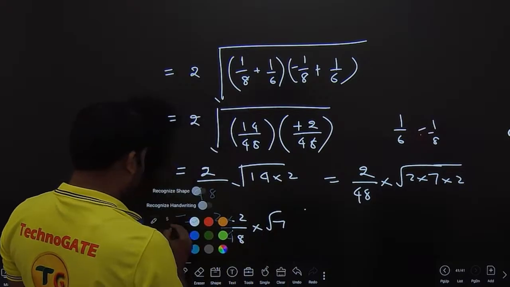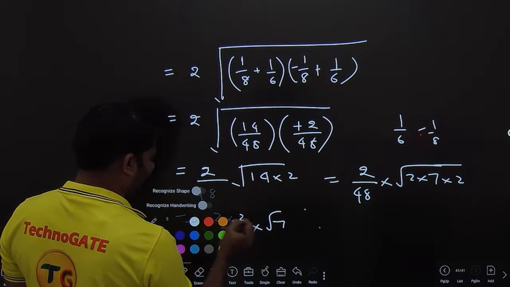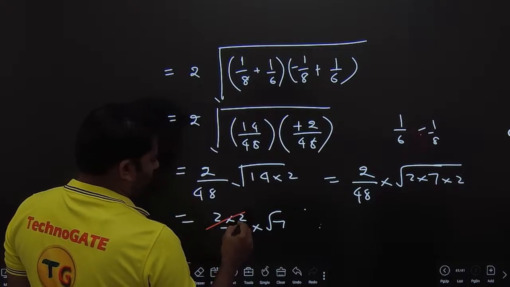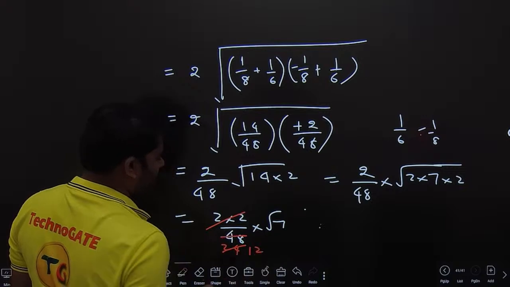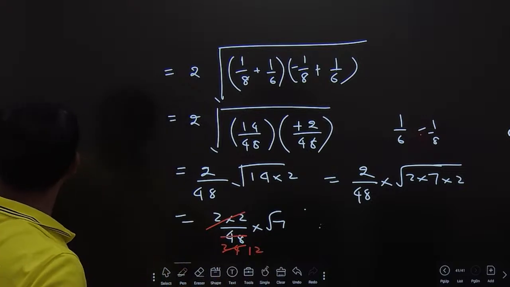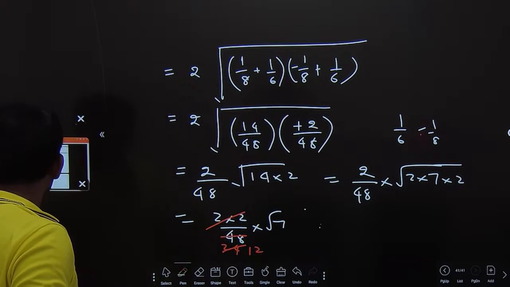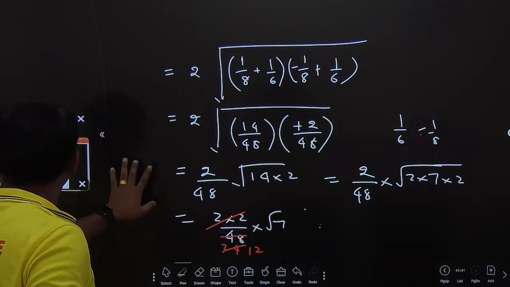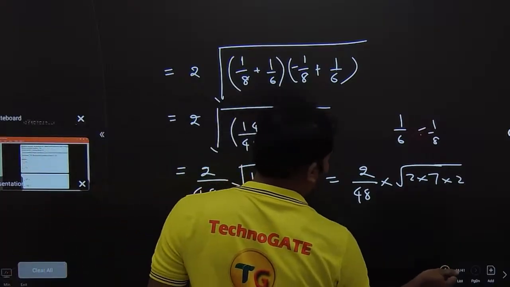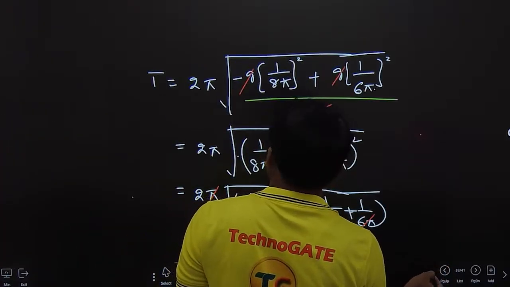So we are getting root 7 by 12. Somewhere some more mistake, because the answer is not in terms of root 7 or anything. The time period of L1 minus L2, 1 by 4 and 1 by 3 is there. Okay, let me check once again.